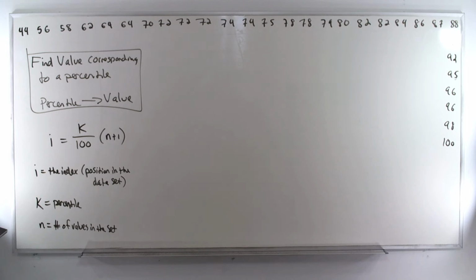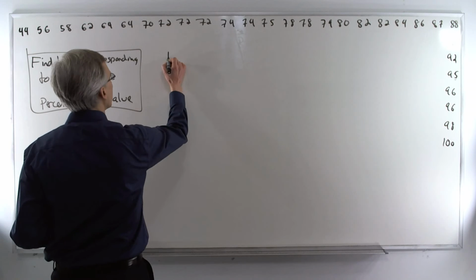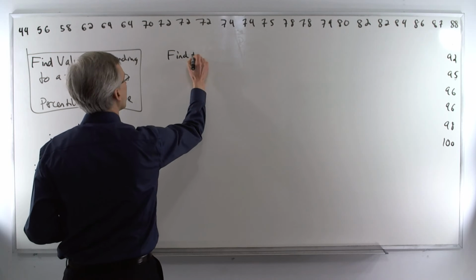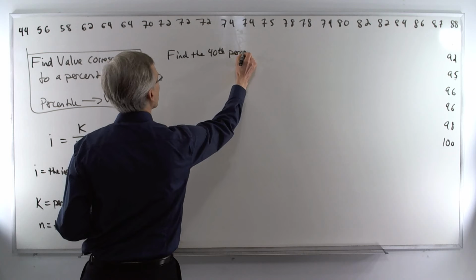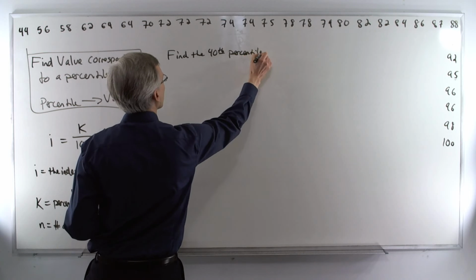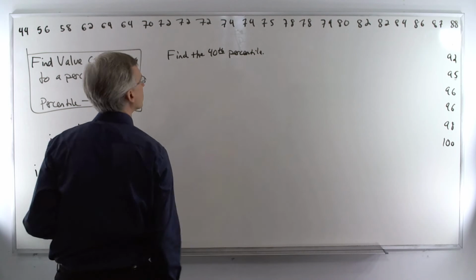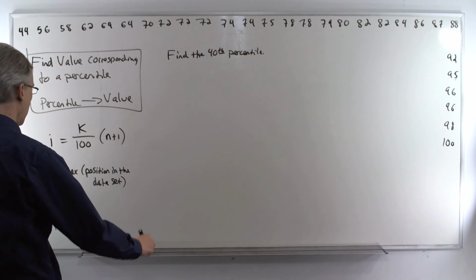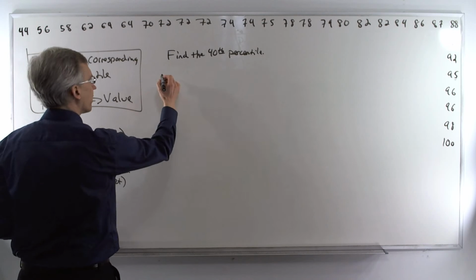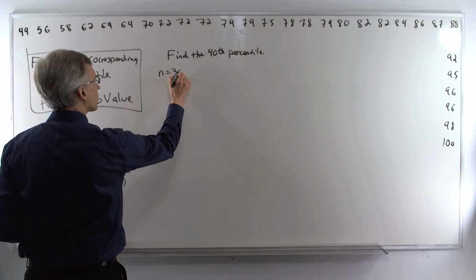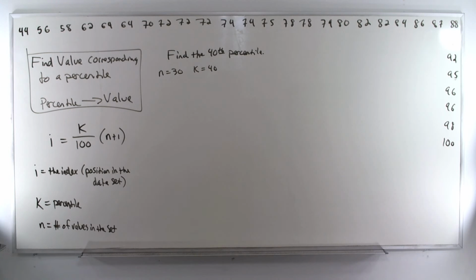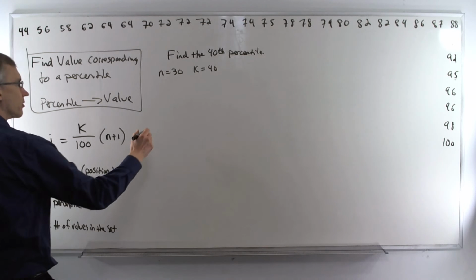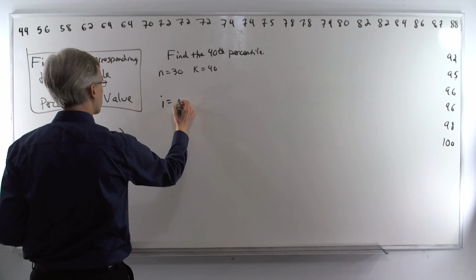All right, we're going to find the 40th percentile. Out of this data set we have 30 values, so n equals 30, and we're finding the 40th percentile, so k is 40. We'll plug these into this formula and find the index.